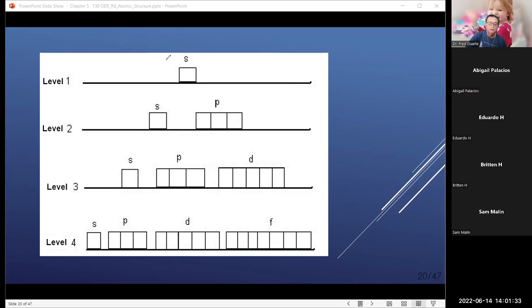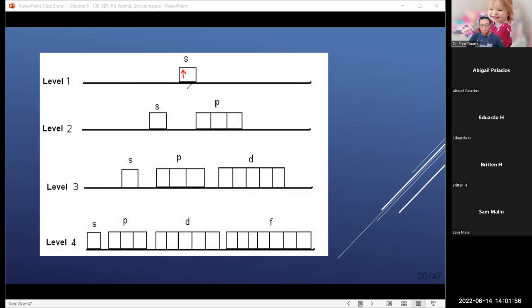Let's make it a different color so we can see it. That arrow represents an electron. So there's hydrogen, the very first element. It's in period number 1, and the only orbit is the s orbit.